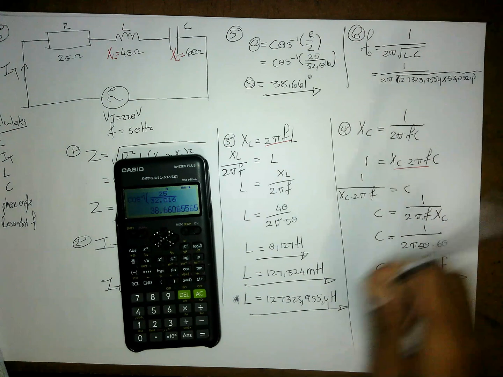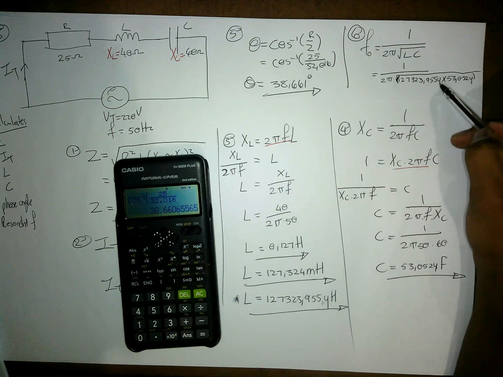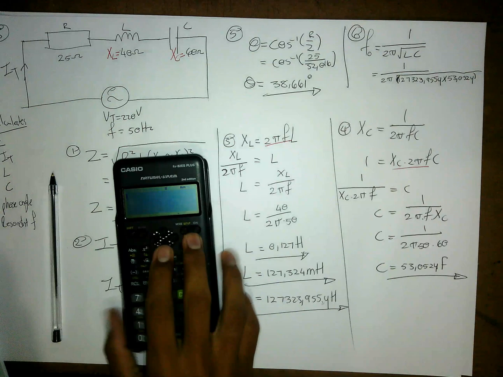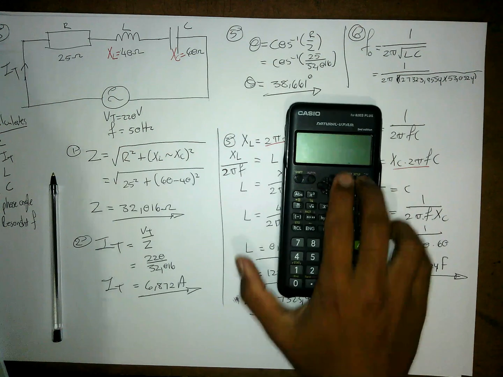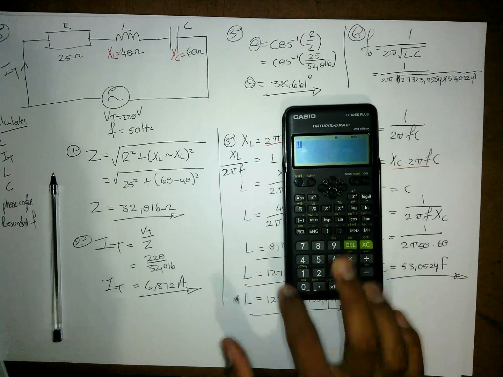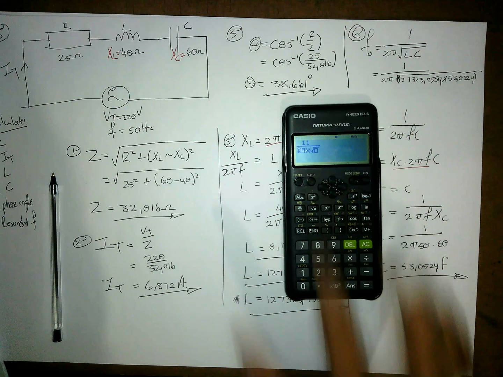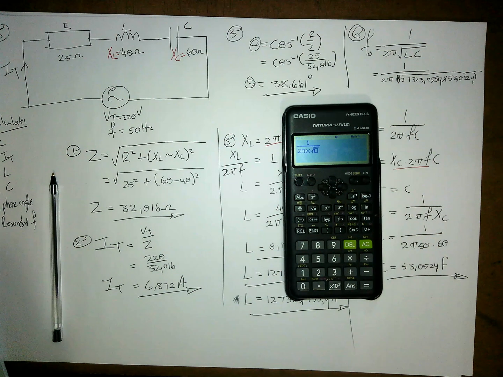So this micro is 10 to the power -6. I don't have much space, that's why I did it like that. So all we're going to do is 1 over 2 pi times the square root, like that. I hope you can see the screen.